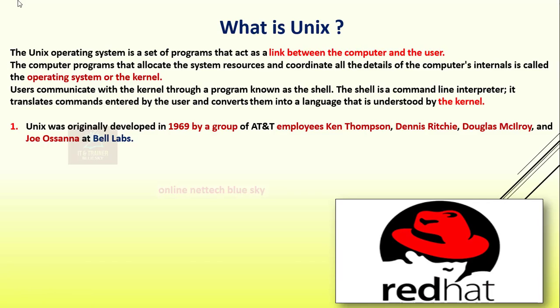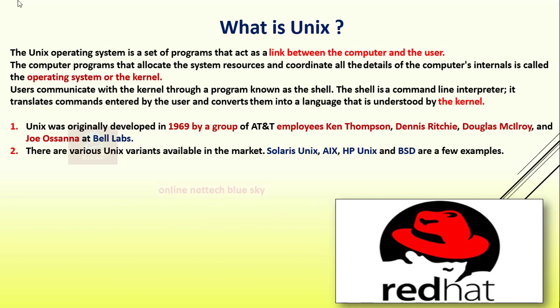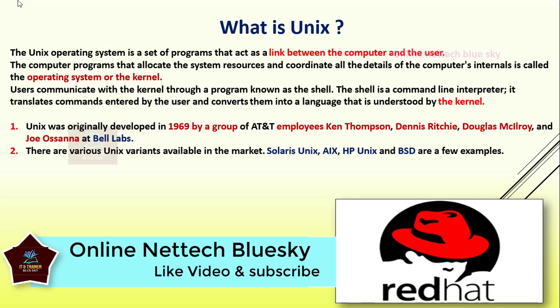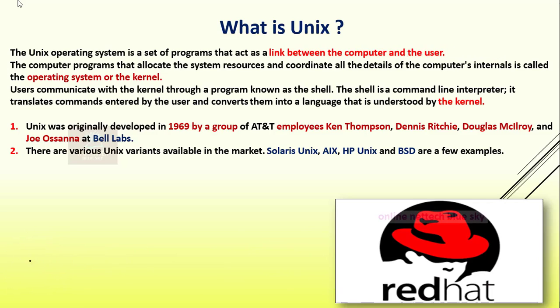Second point: there are various Unix variants available in the market. Various Unix variants means different versions available in the market, such as Solaris Unix, AIX, HP-UX, and BSD, which are five examples you can find on the internet.